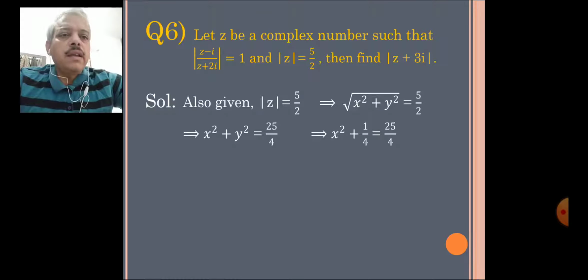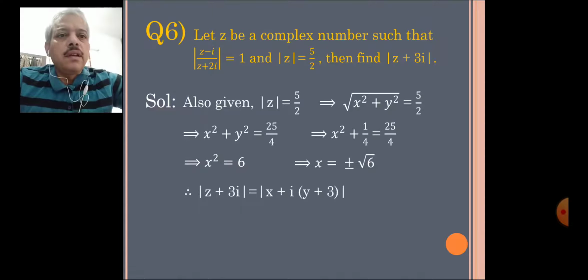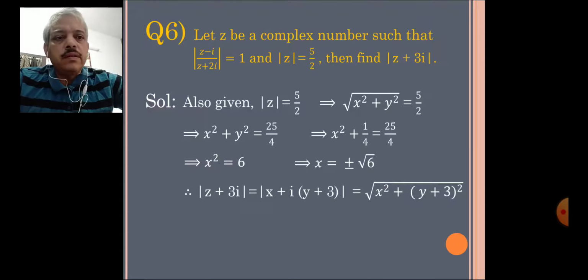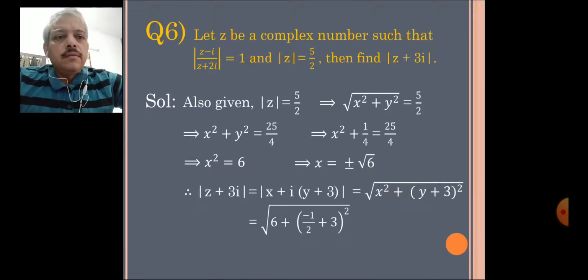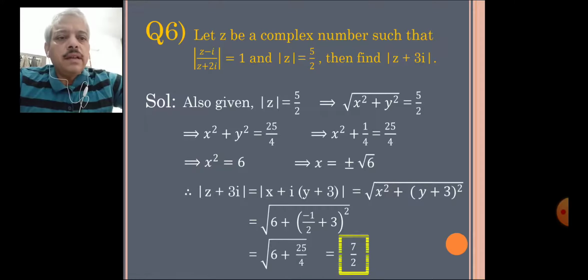We will get x = ±√6. Now we can find |z + 3i|. Replace z by x + iy and it will be the square root of x² + (y + 3)². So put the values of x and y, and we get the required result, that is 7/2.